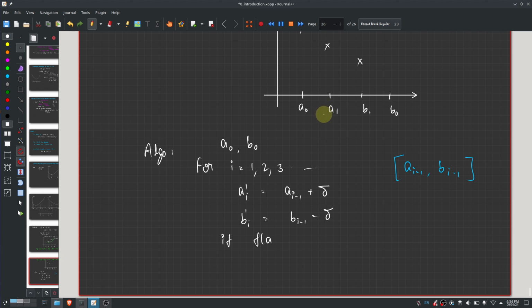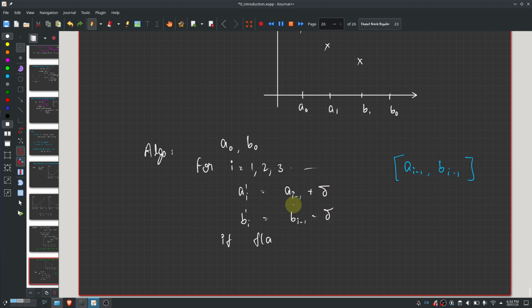Again, just some notation. So basically I'm choosing this A1 and B1 here. So A1 is to the right of A0 and B1 is to the left of B0. You can also make sure A_i is less than B_i. So I have to choose this delta carefully enough.